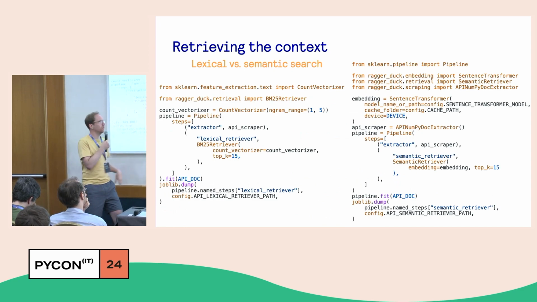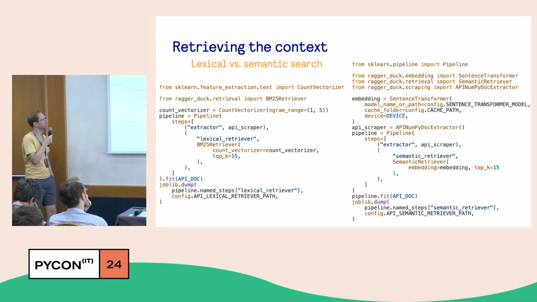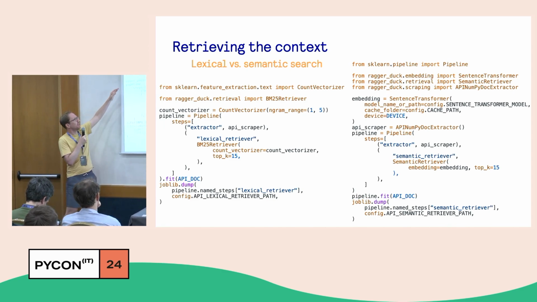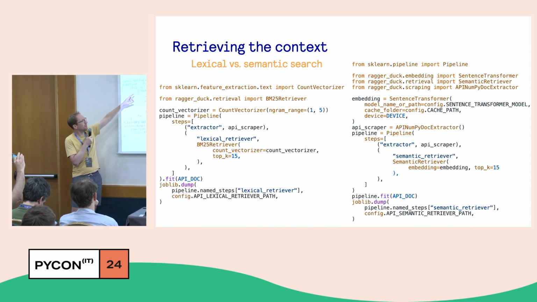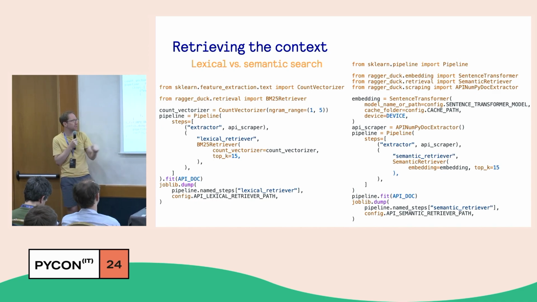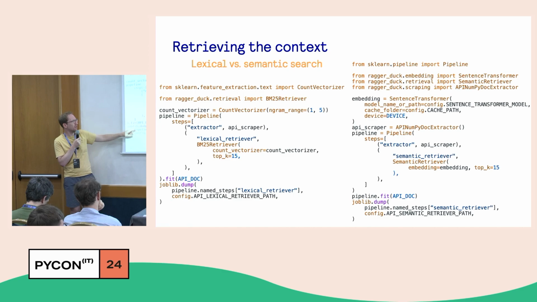So here is a piece of code just to show people how that works. I have a scikit-learn pipeline where I'm using the vectorizer, and then I have a retriever where I need to pass basically the vectorizer. Before that, I have the API scraper. So it's a pipeline with different steps. I just need to feed the documentation, and at the end I just need to dump the retriever to pickle.